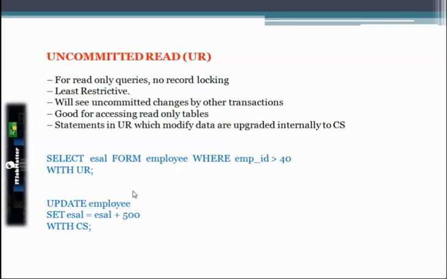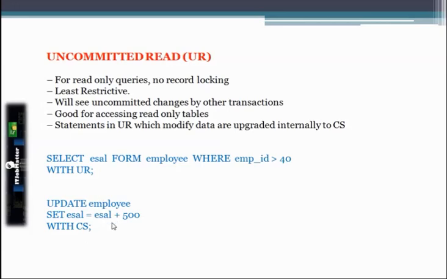For example, let's say I'm running a query with UR for getting the salary of an employee where employee ID is greater than 40, and at the same time another transaction is trying to update the same table, where it will update all employee salaries by plus 500.